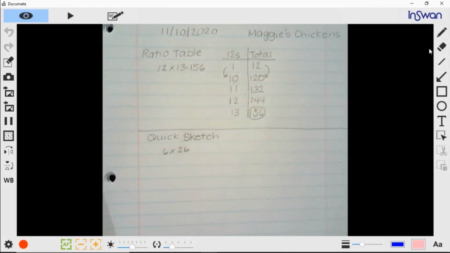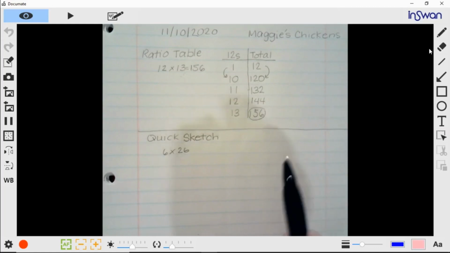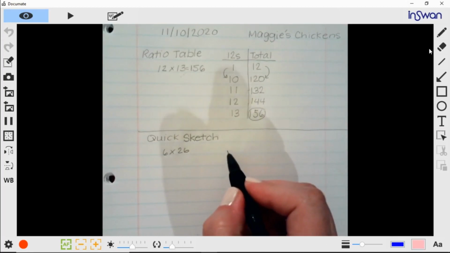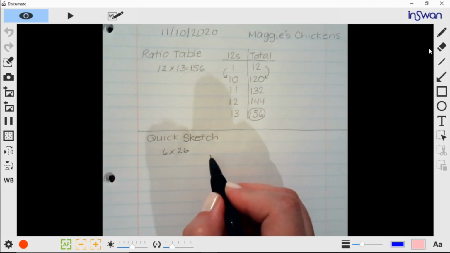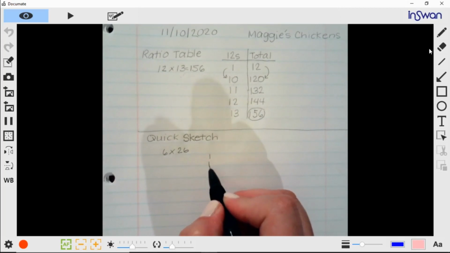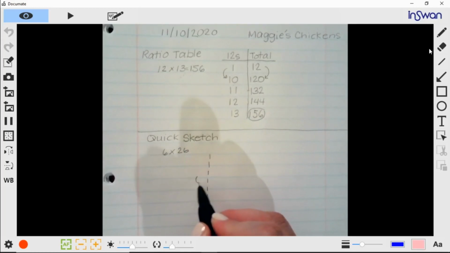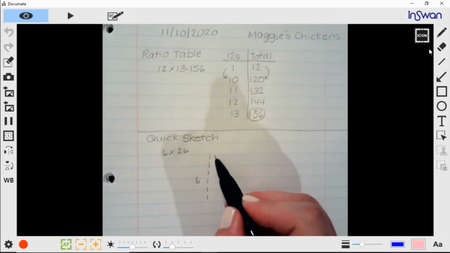So remember, a quick sketch can look a couple different ways. It can be where we are drawing the tens out and we are drawing the units as circles. I'm just going to make it so that we've got our units kind of like an open array. So I'm going to put 6 this way. 1, 2, 3, 4, 5, 6. And I'm multiplying by 26.